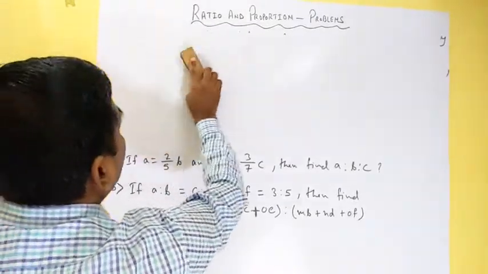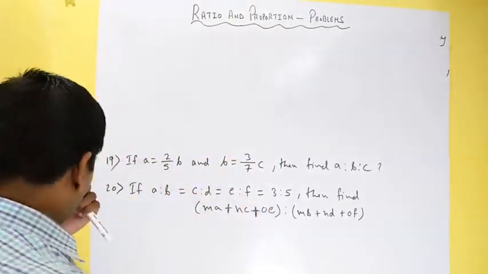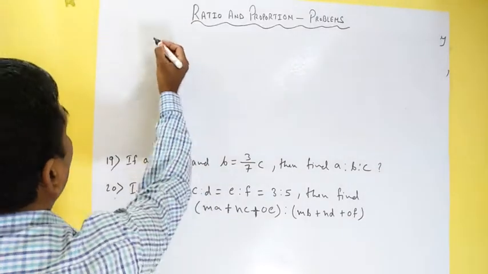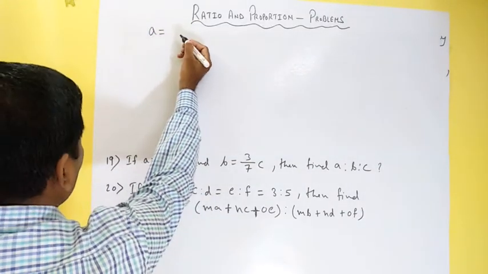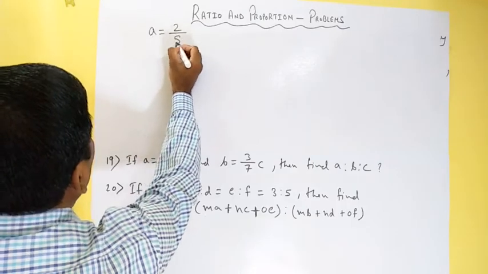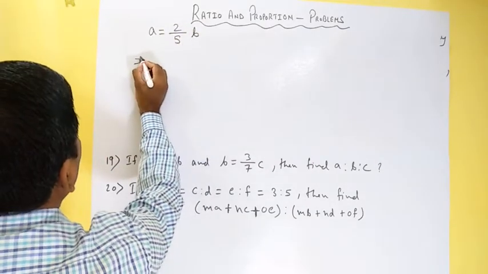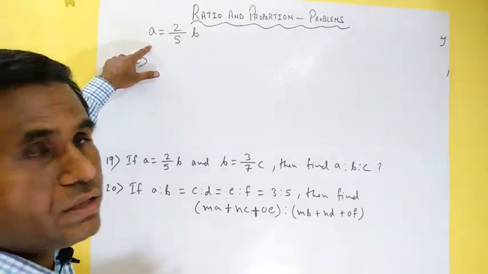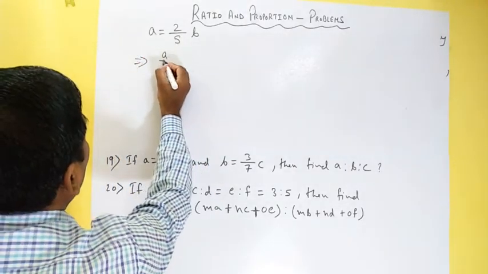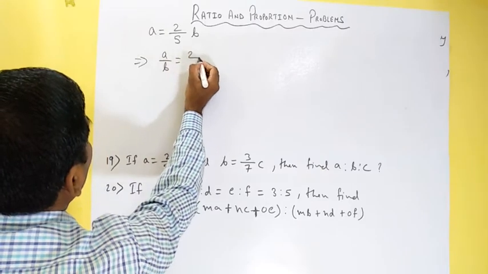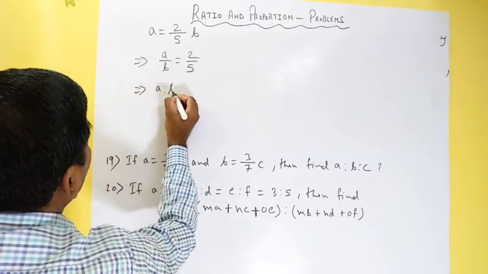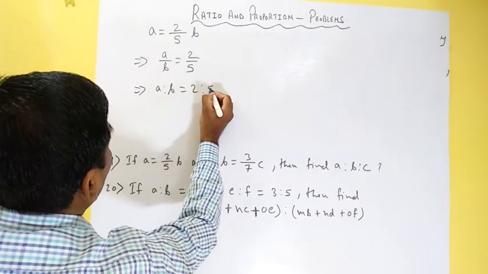I'm going to solve it here. So first I will write each of these fractions here. You can see A is equal to 2 upon 5B. This can also be written as, if I shift B to this side, A upon B is equal to 2 upon 5. This can also be written as A is to B is equal to 2 is to 5.